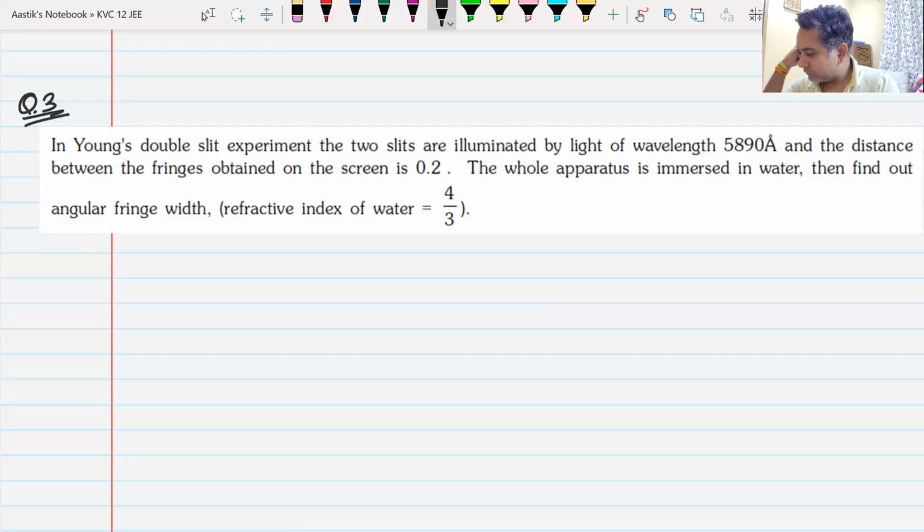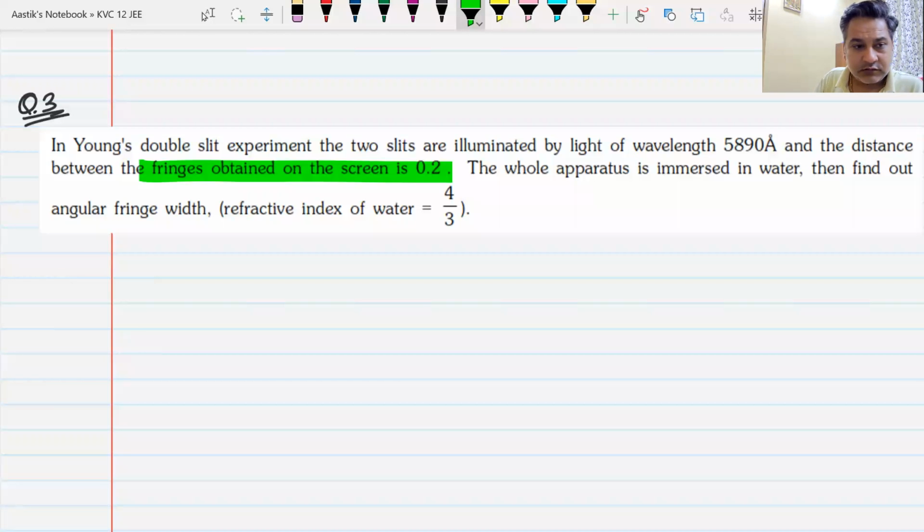Wavelength. 0.2 is the wavelength. Distance between the fringes obtained, what do you mean by that? Beta, yes, beta is given to you.